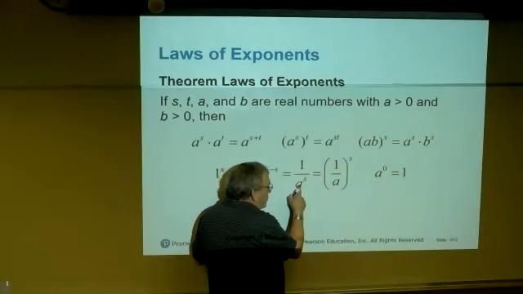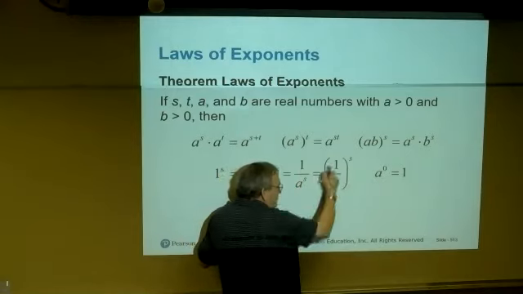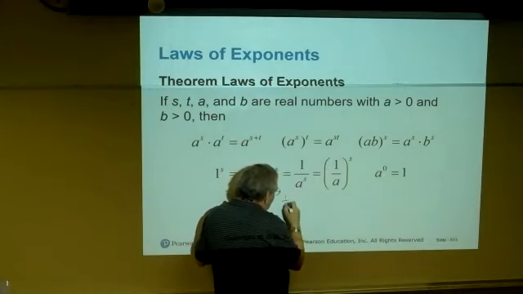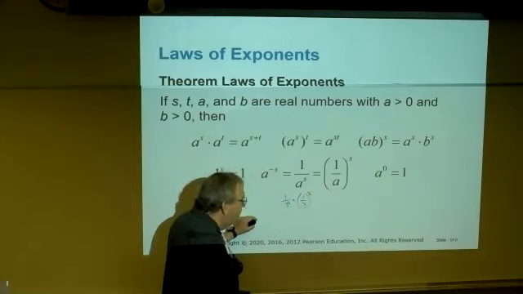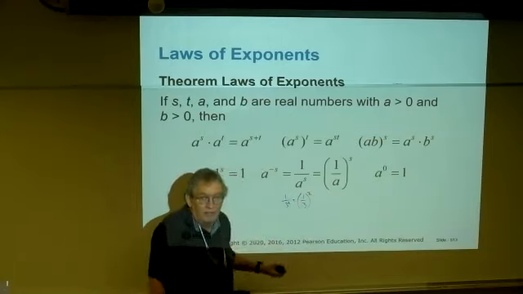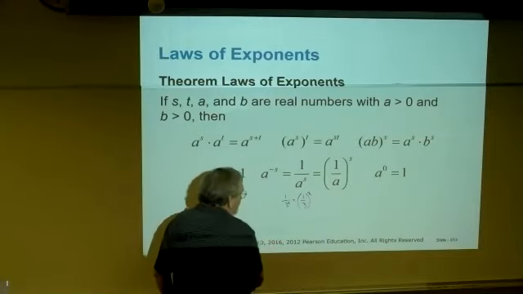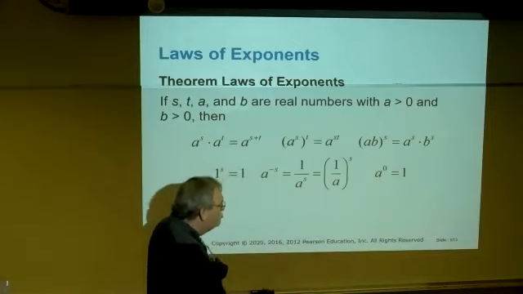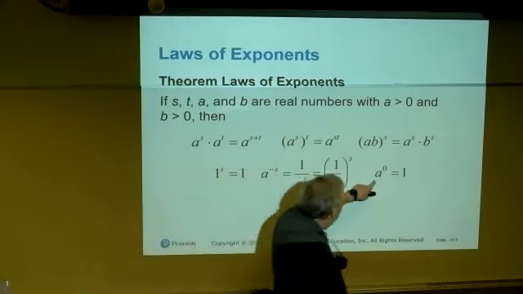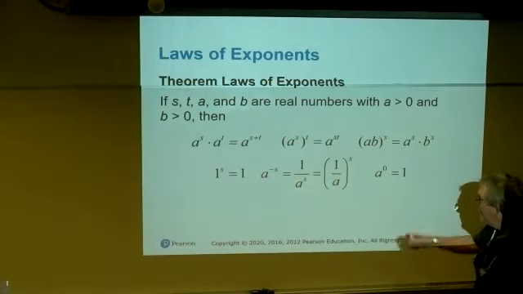1 over a to the s power is the same as 1 over a, to the s power. So 1 over 3 squared is the same thing as 1/3 being squared. That's very helpful. And any number raised to the 0 power, except for 0, is 1.